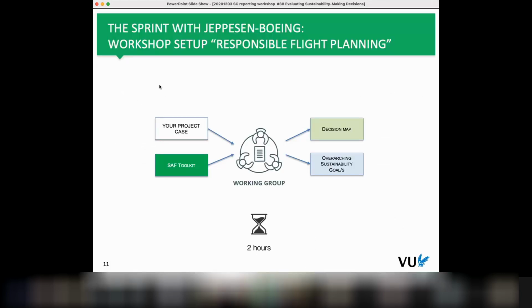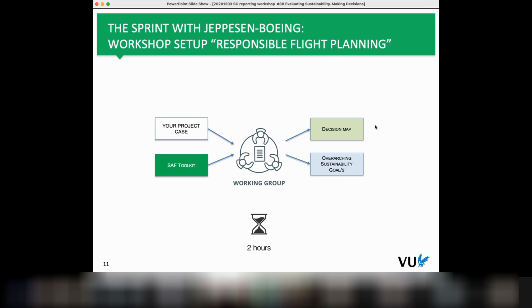We organized the work in a working group. As you see here, as input there was the project case and the report from the previous project and the SAF toolkit. Then we had a two-hour working group with two experts, and we produced a report with the decision map and the sustainability goals that we could understand from this exercise.